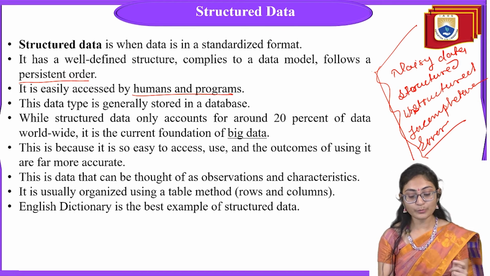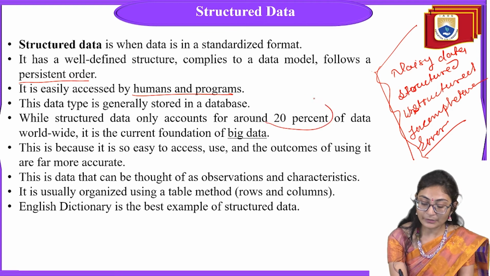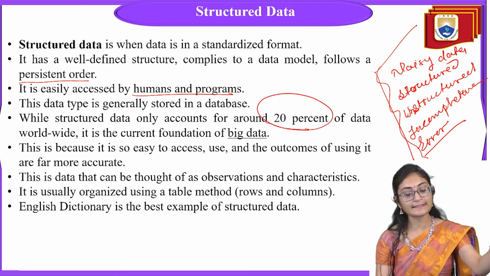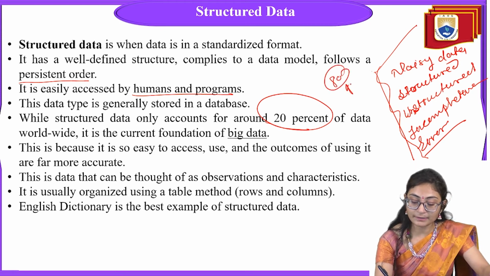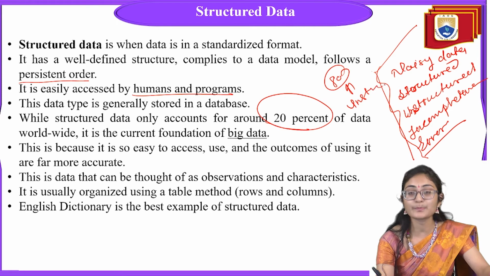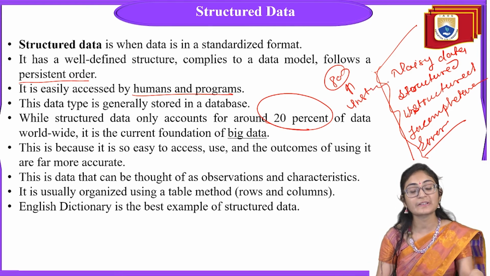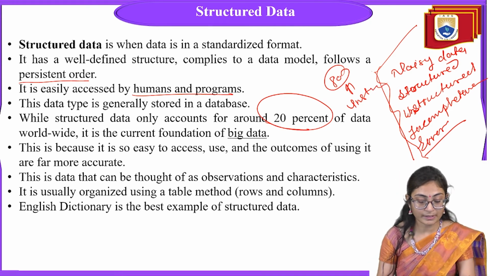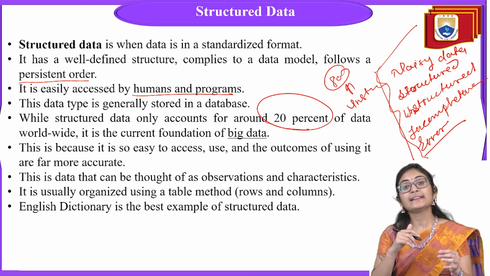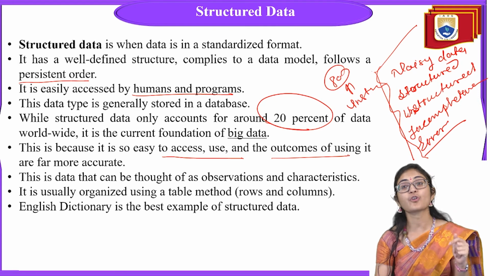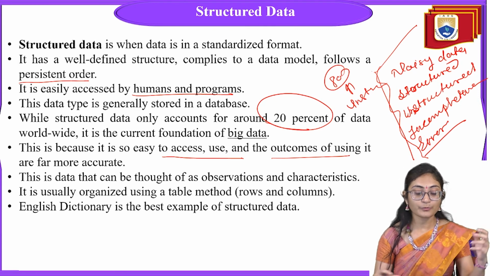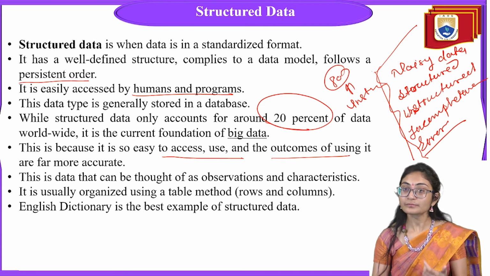Around 20% of the data worldwide is in the structured format out of 100%, and 80% is unstructured data. This is because structured data is easy to access, easy to use, and the outcomes of using it are far more accurate.